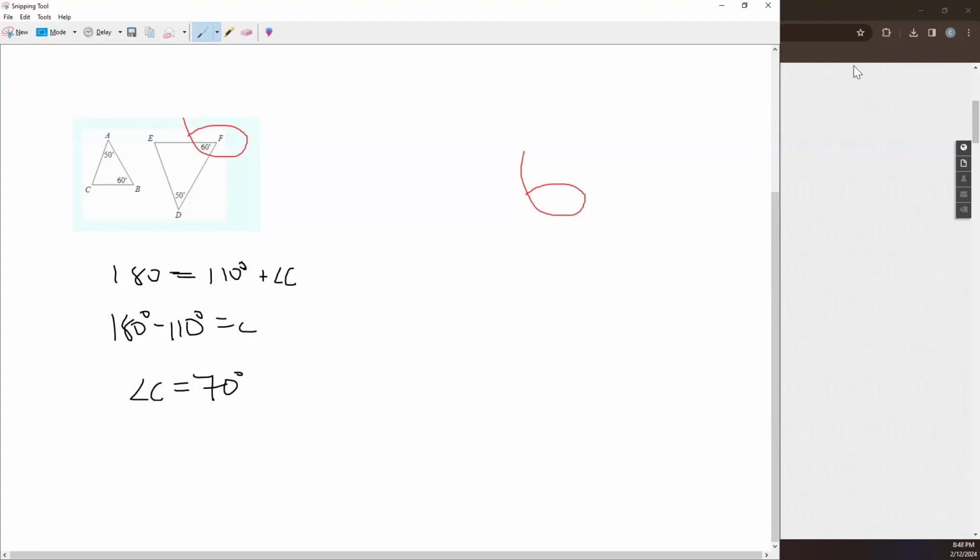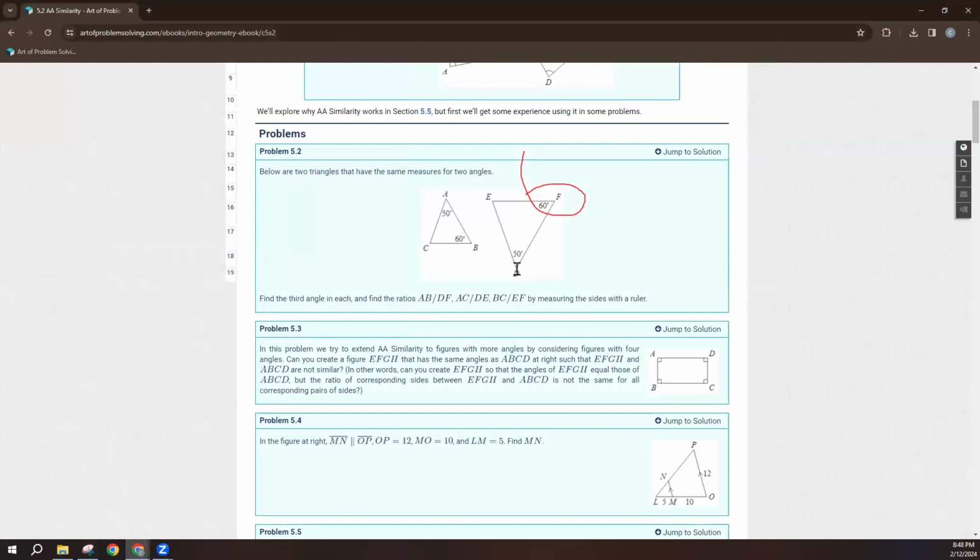That's pretty straightforward based on what you guys were doing in the previous questions. I don't think that should give you too much difficulty.